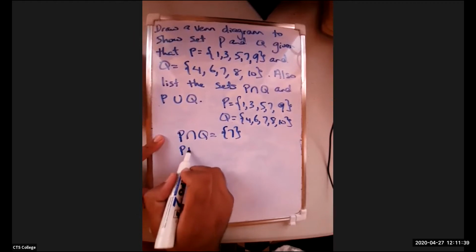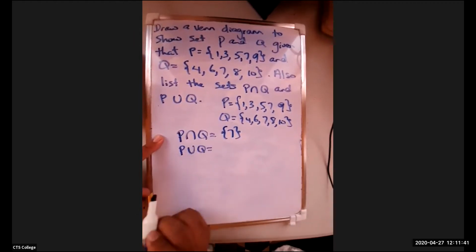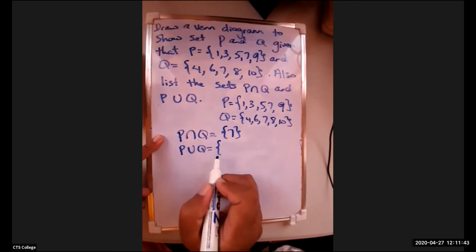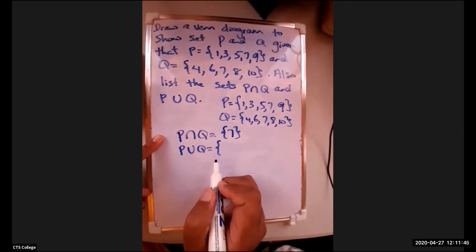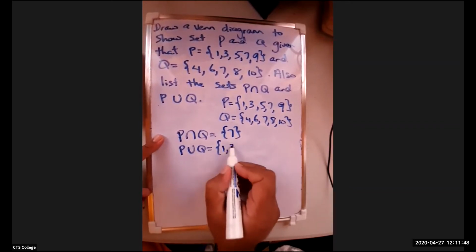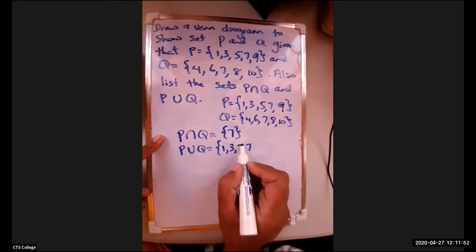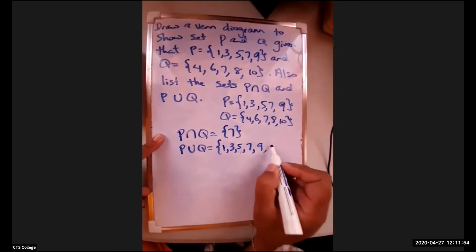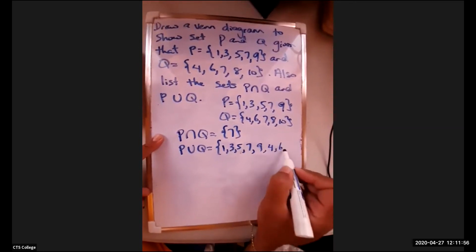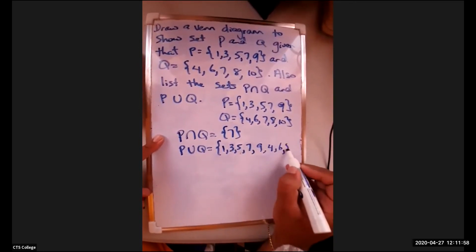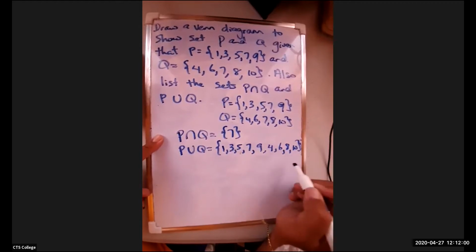What about P union Q? With P union Q, remember we're joining everything. So it'll be 1, 3, 5, 7, 9, then 4, 6. We do not repeat the 7, 8, 10. And we close the bracket.